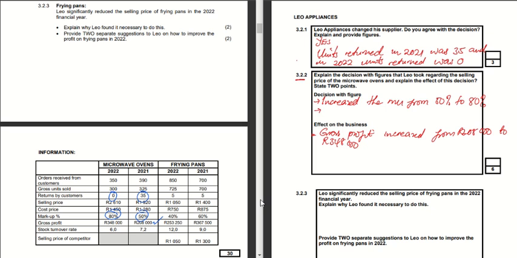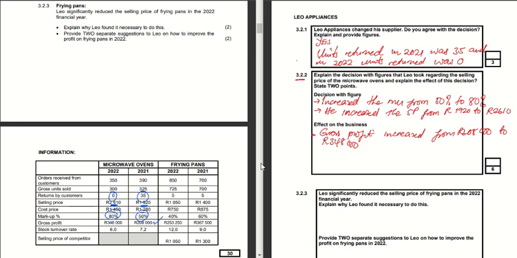Let's look at decision number 2 that was taken. If you look at the selling price, this was 1,920, now it is 2,610. So the next decision is that he increased the selling price, from 1,920 to 2,610.